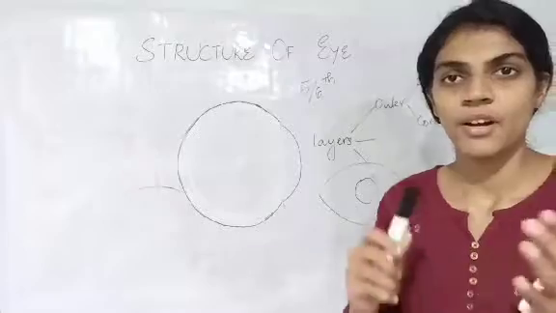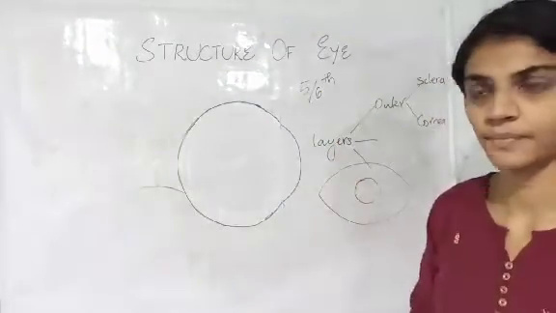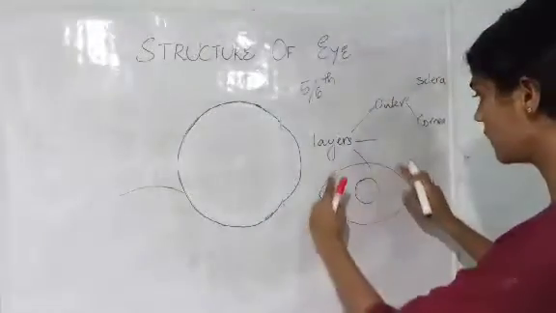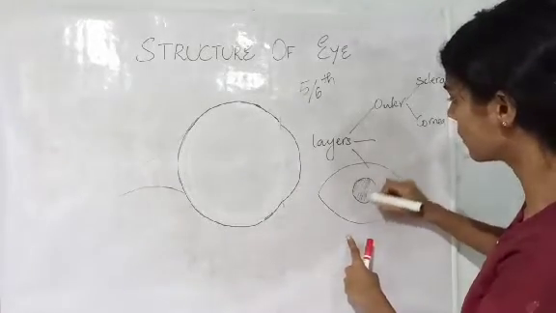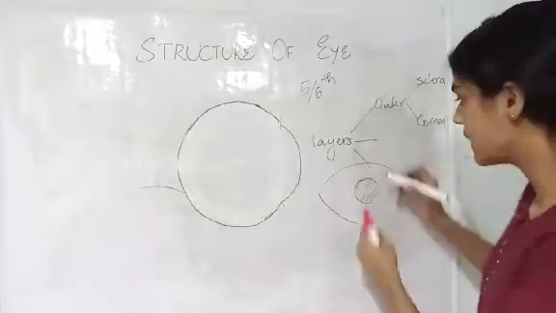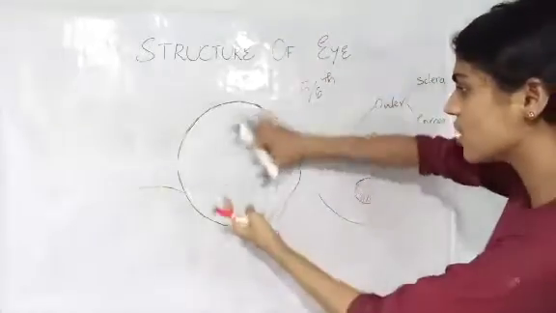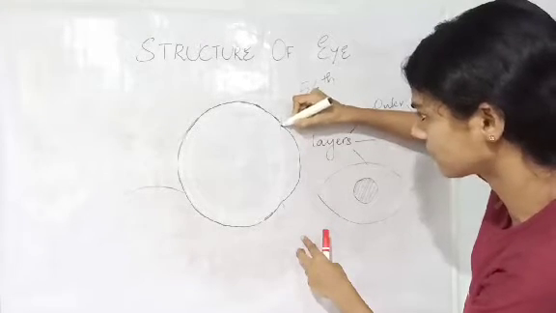And anteriorly you can see a bulged area. In the front view you can see one dark brightened portion, right? And this portion is covered by the cornea. In cross section, you can see this as a bulged area.